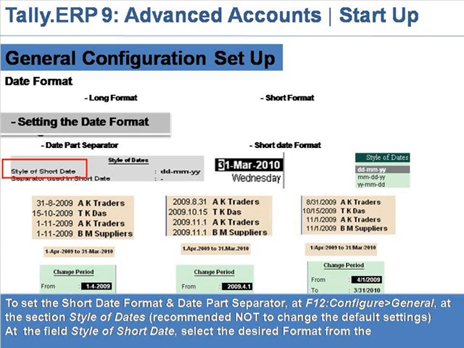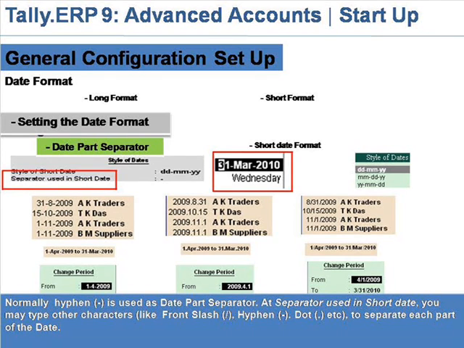At the field Style of Short Date, select the desired format from the list. Date part separator. Normally hyphen is used as the date part separator. At Separator used in Short Date, you may type other characters like forward slash, hyphen, dot, etc. to separate each part of the date.